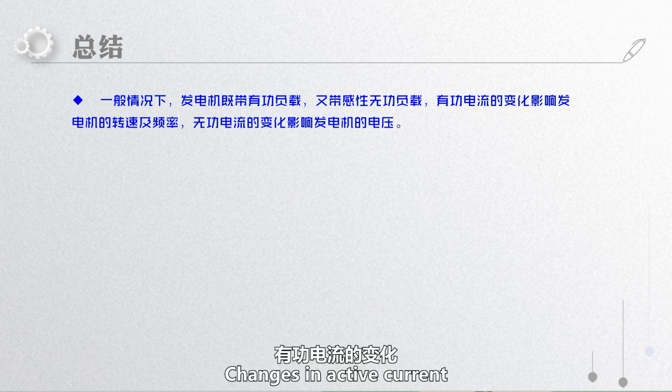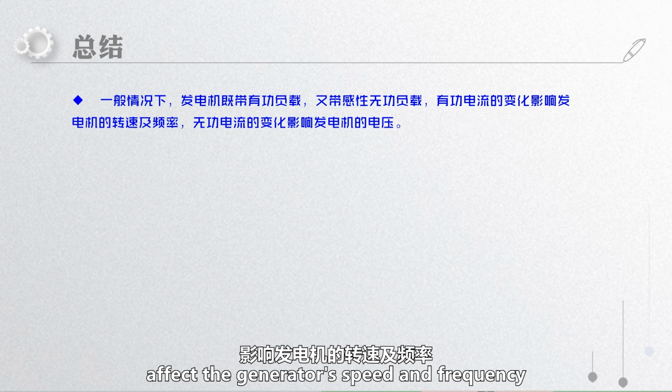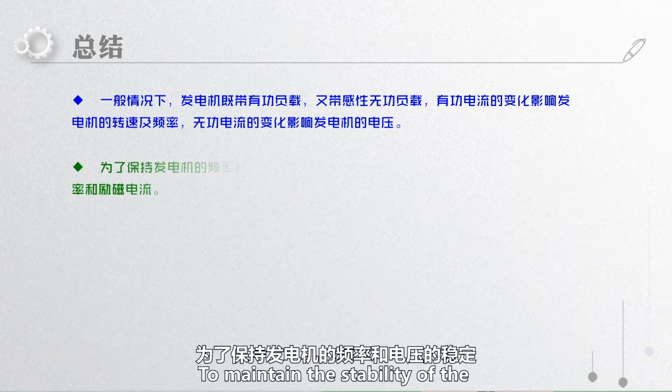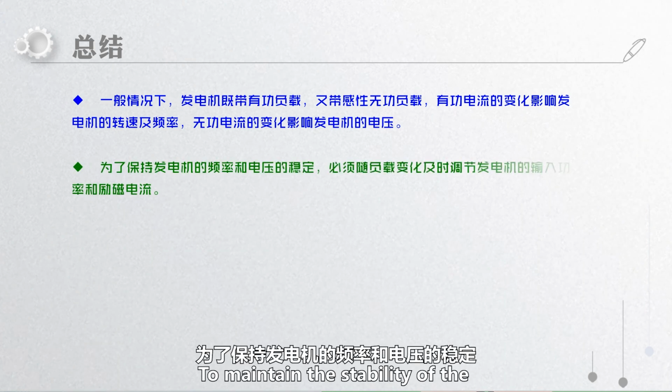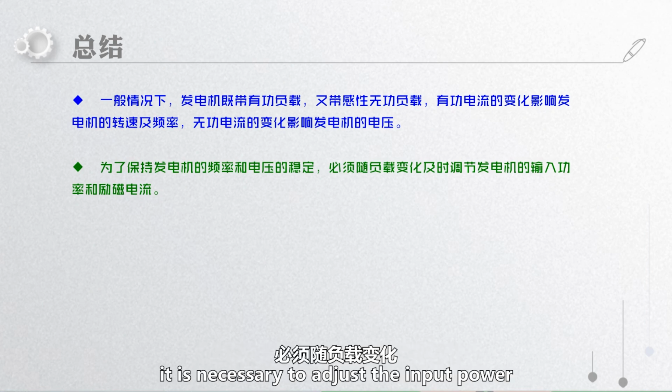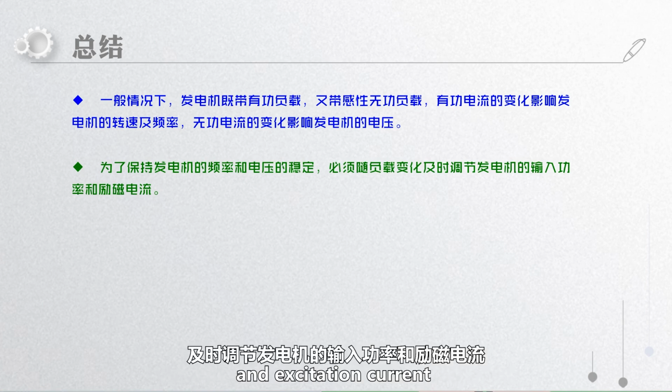Changes in active current affect the generator's speed and frequency. Changes in reactive currents affect the generator's voltage. To maintain the stability of the generator's frequency and voltage, it is necessary to adjust the input power and excitation current of the generator in time with load changes.